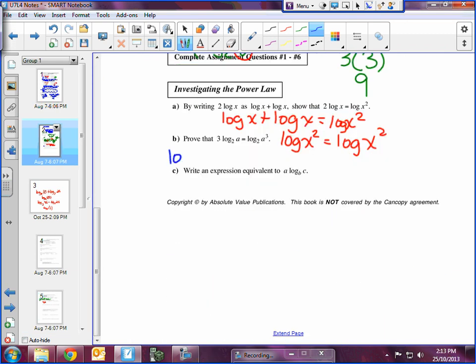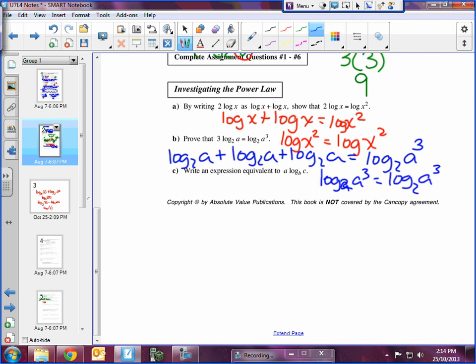So I have that plus that plus that. Now that I'm adding all these logarithms with all the same bases, I multiply my arguments. What is a times a times a? a cubed. So log base 2 of a cubed equals.